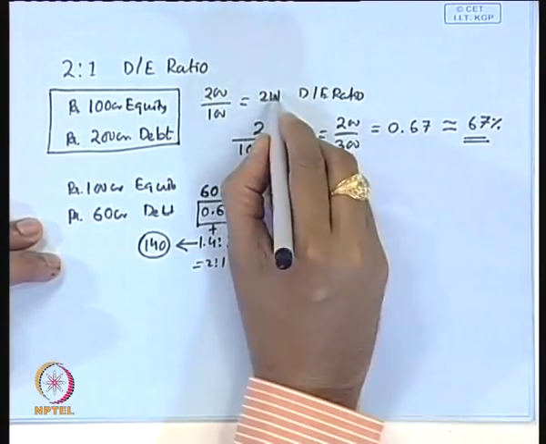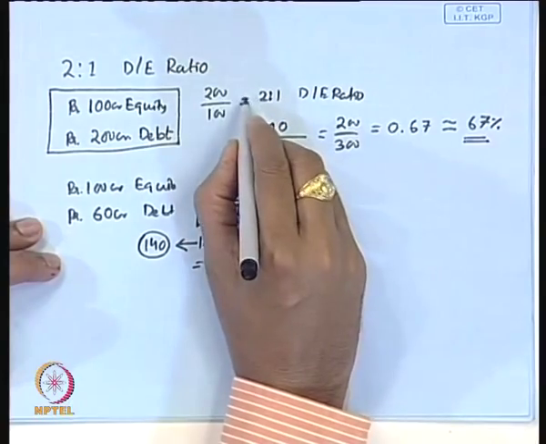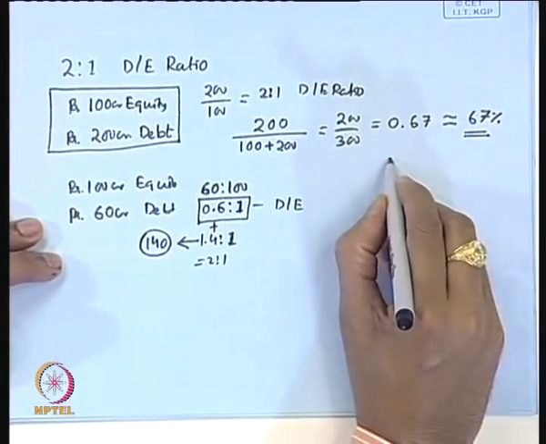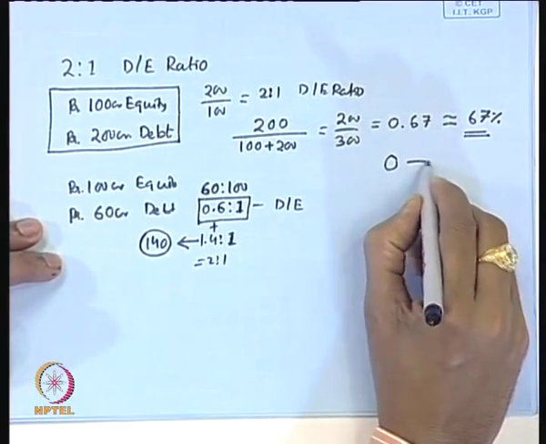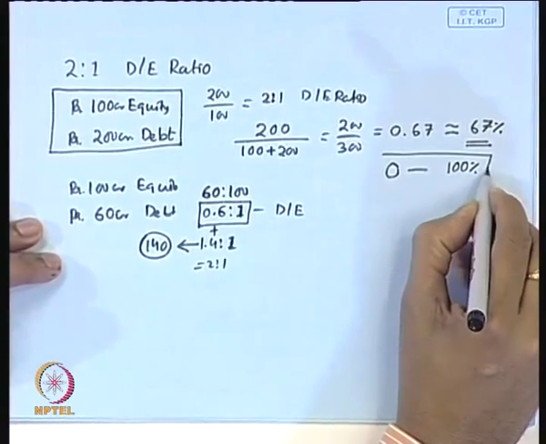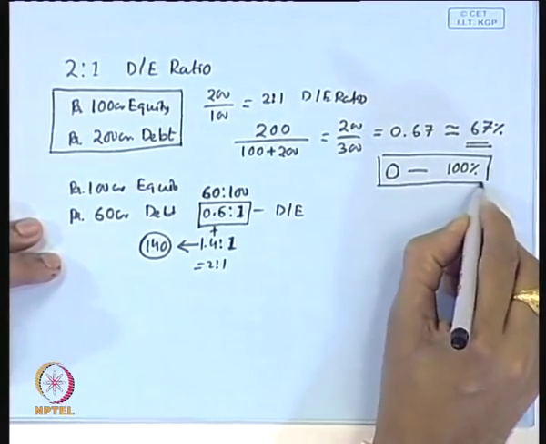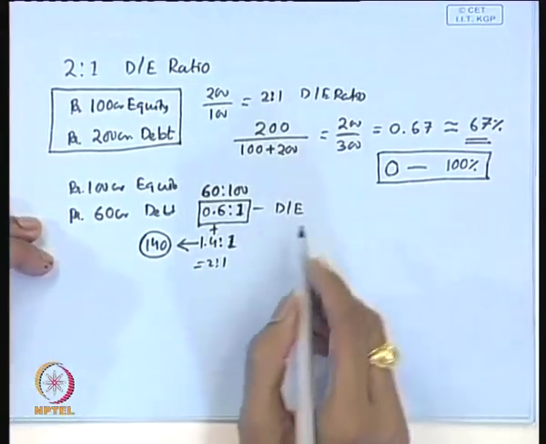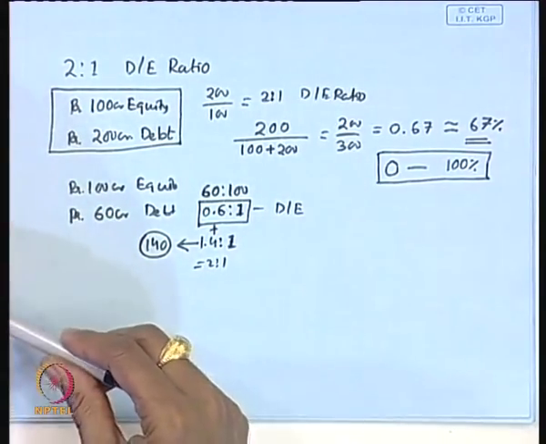As far as the debt equity ratio is concerned, it can vary from 0 to anything, whereas in this case the figure can vary from 0 to a maximum of 100%. So, interpretation wise this figure becomes a little better than the debt equity ratio, otherwise the implication of both ratios is one and the same.